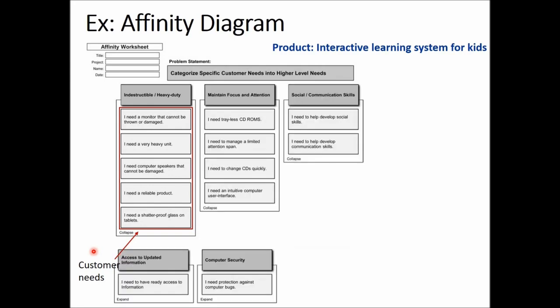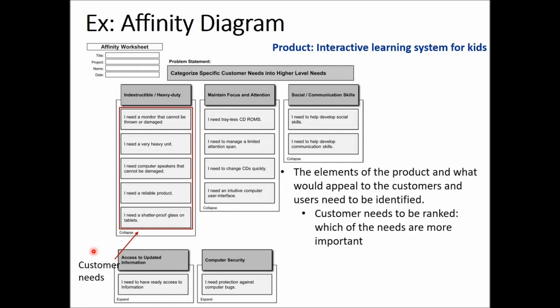For each customer need, or certain combinations of customer needs, you'll have to identify some high-level needs and categorize them into the high-level needs. At this level, we try to understand what elements of the product will be appealing to the customers, the most preferred features required by the customers.